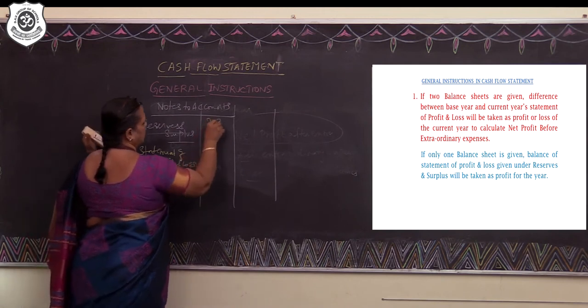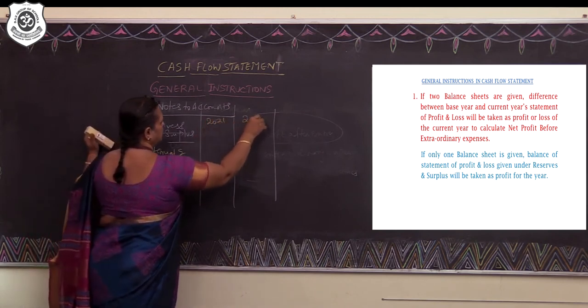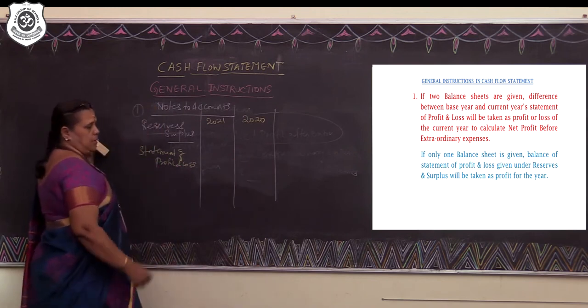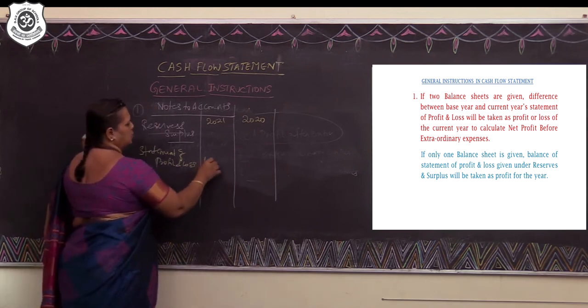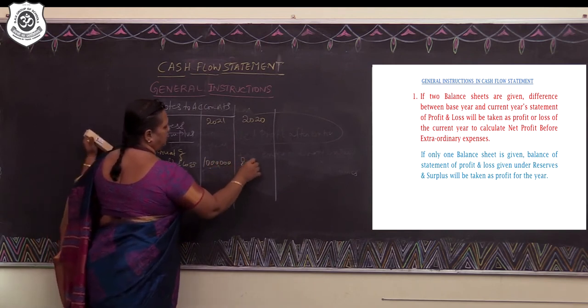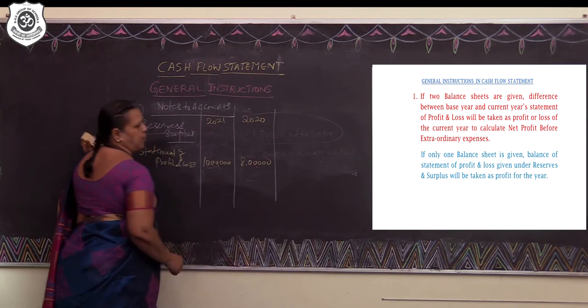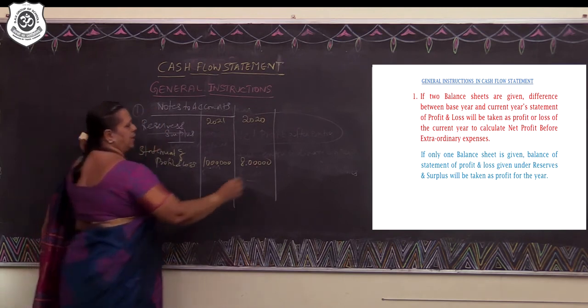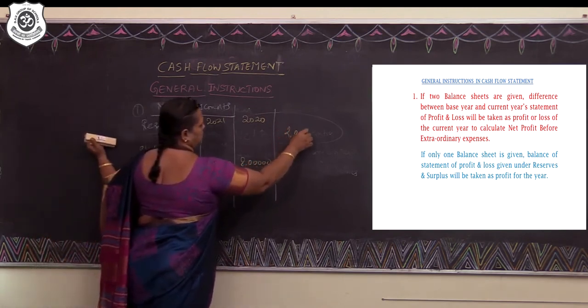This is 2021. This is 2020. So, current year's profit, assume it is 10 lakh and base year's profit is say 8 lakh. In that case, profit for the year happens to be 2 lakh rupees.